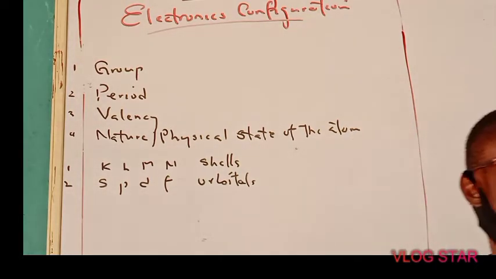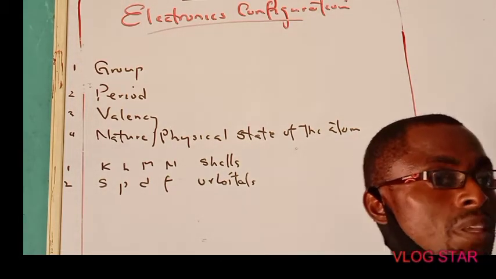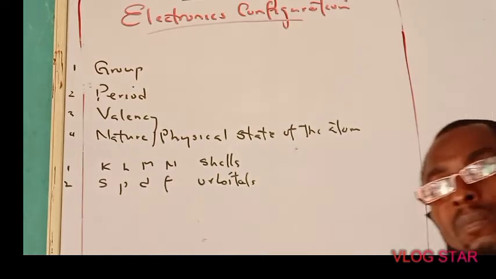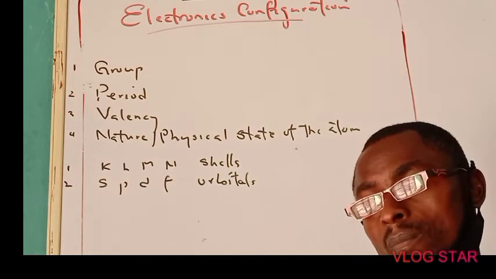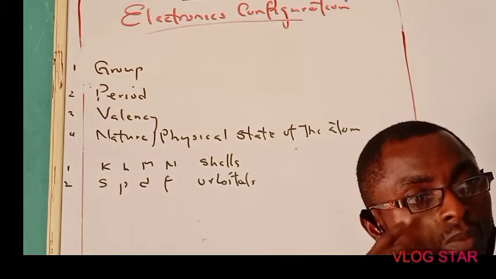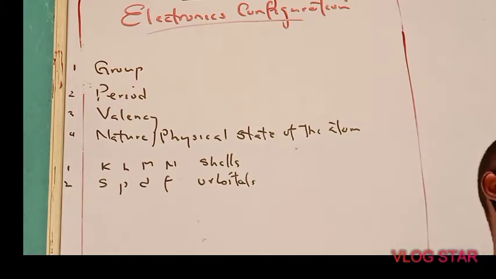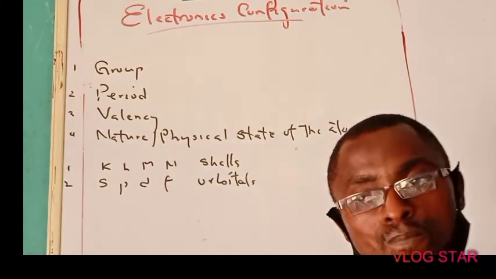The L shell is the number 2 shell immediately after the K shell. It can take a maximum of 8 electrons.